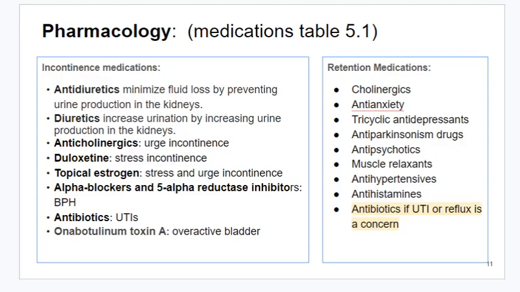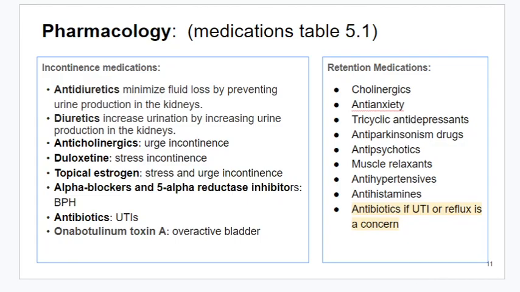So we're not retaining as much urine because it's kind of drying our systems out. If we are having issues with our muscles relaxing, muscle relaxers are appropriate for individuals with retention related to relaxation. And histamines kind of help dry things out. And of course, if we are retaining a lot of urine, we may unfortunately develop a bladder infection. And so that's why we list antibiotics under this side as well.